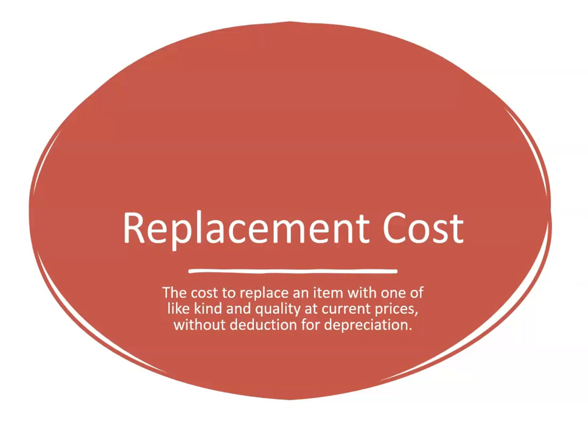For example, if your 5-year-old couch is destroyed in a covered loss, the insurance company will pay what it costs to buy a brand new couch of similar style and quality today, even though your old one has some years on it. Replacement equals brand new again.